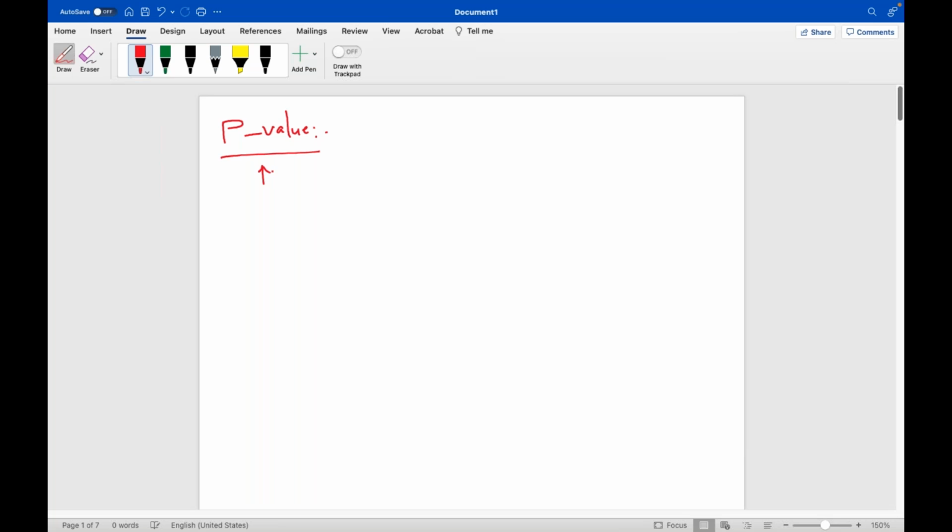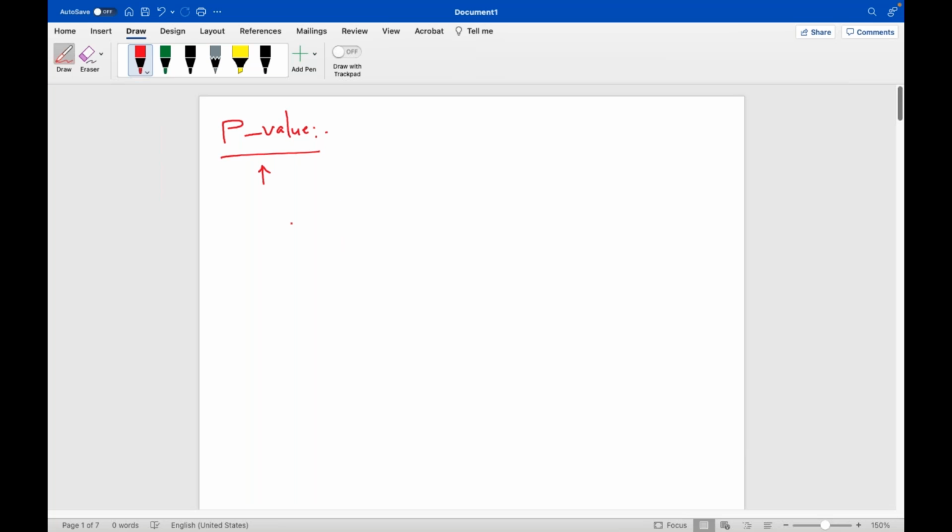The reason is that most of the time, based upon the p-value only, we conclude whether the model is good or bad. Whatever model you created with the help of a machine learning algorithm, we are going to conclude with the help of this p-value only.